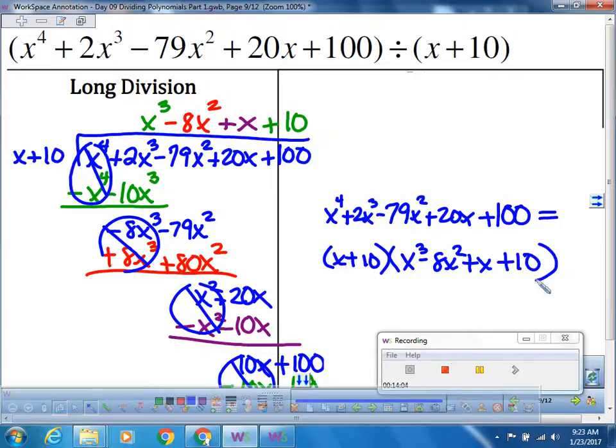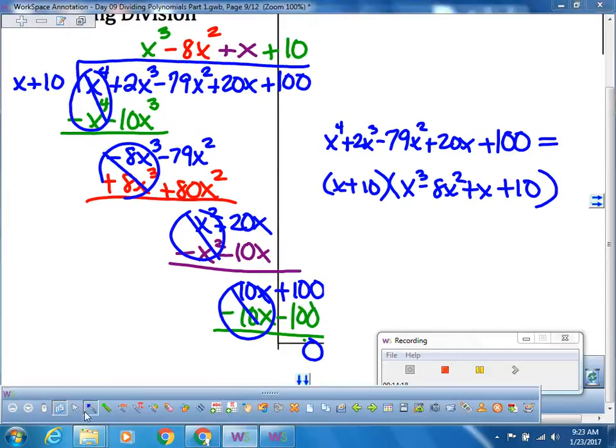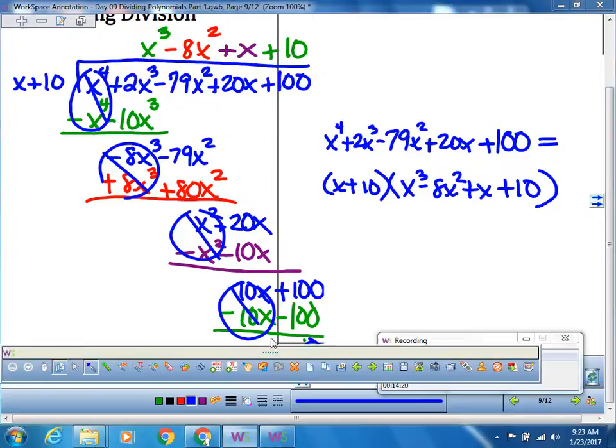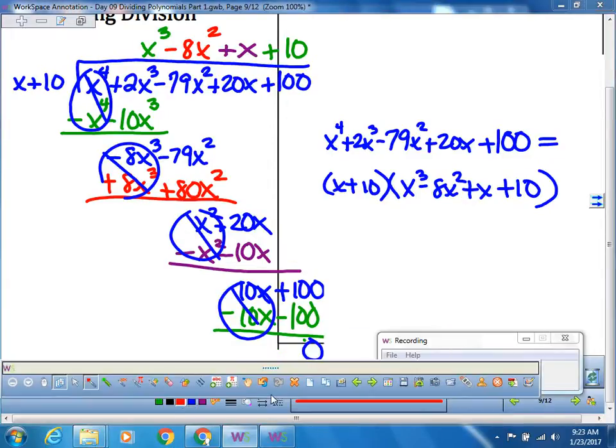And why do I make you do that? Because this goes back to reinforcing you that what you're doing is you're actually factoring a polynomial. Okay? The multiplication part would be to check your answer. And how would we check it? Let's check. I'm going to use a box, exactly.